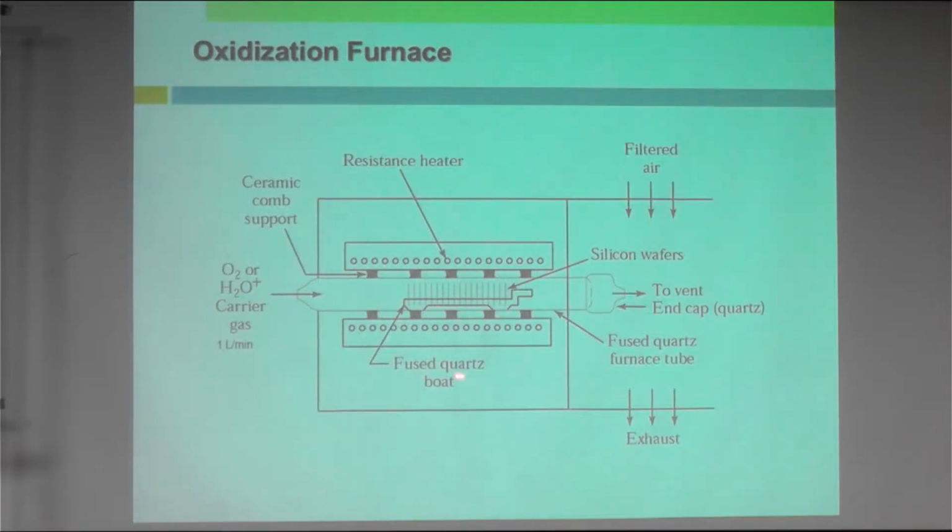We call it a fused quartz board here. Then with control of time and a flow rate of 1 liter per minute, for example, you can get the process done. If it's 5 hours or 10 hours, it depends on the required thickness of your silicon dioxide.